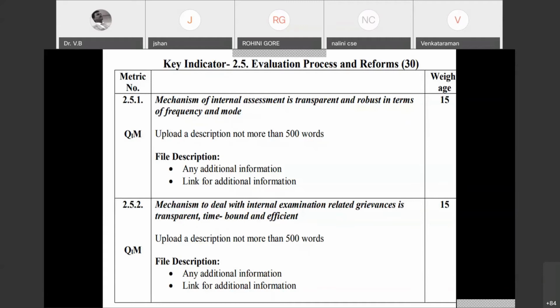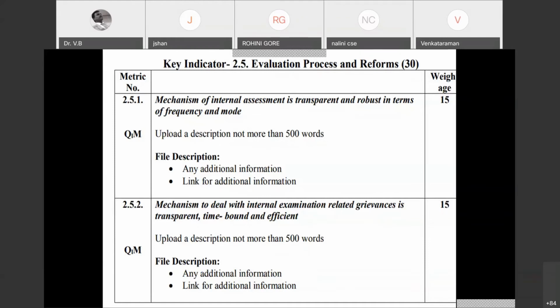As additional information, you can upload samples of the assignments, or you can give the link where the assignment samples that have been submitted can be found. Also, robust means whether it is being followed strictly.